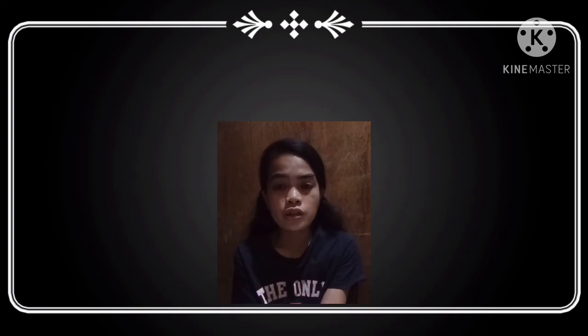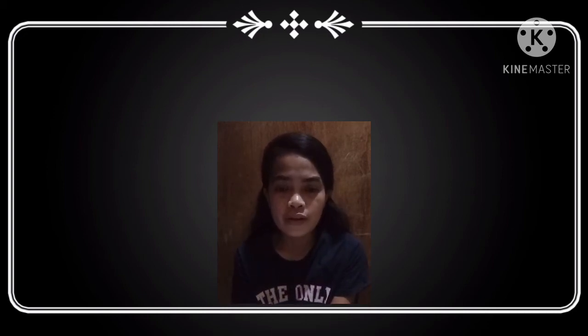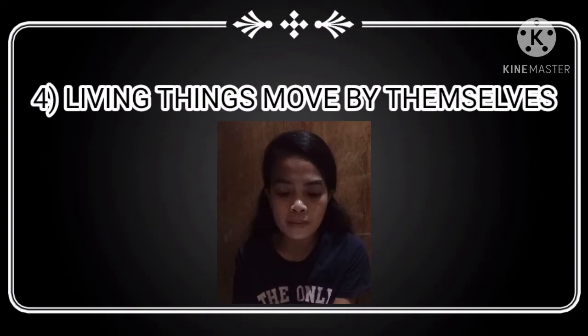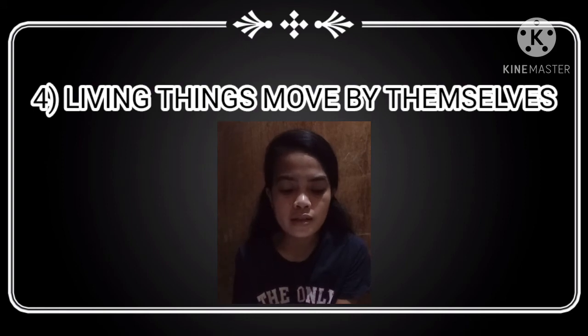Let's proceed to the fourth characteristic of living things. Living things move by themselves. Living things move in many different ways. When living things live in places where there are enough food and space, they will not only grow but move as well.